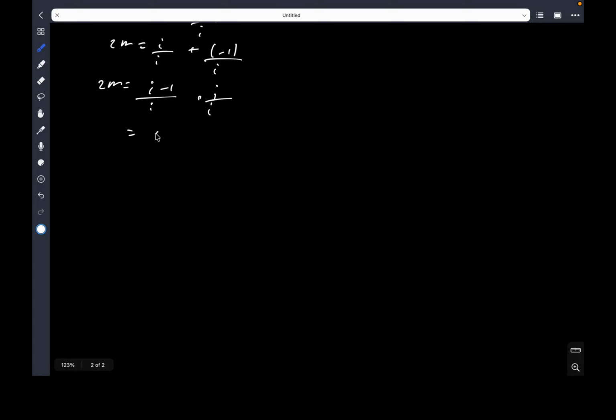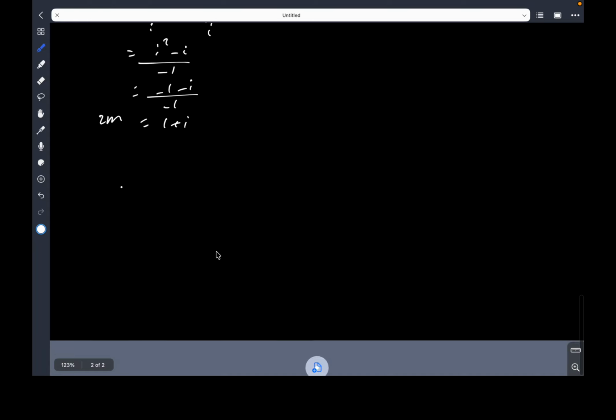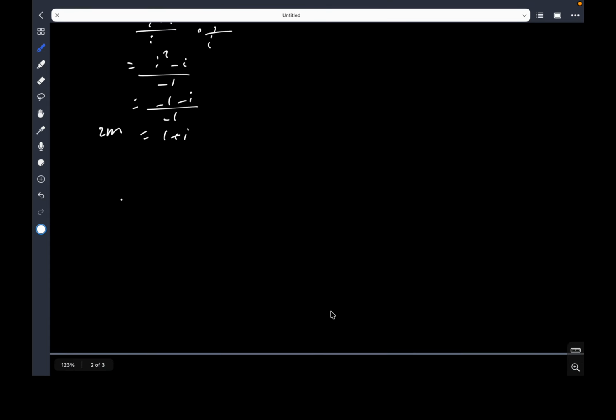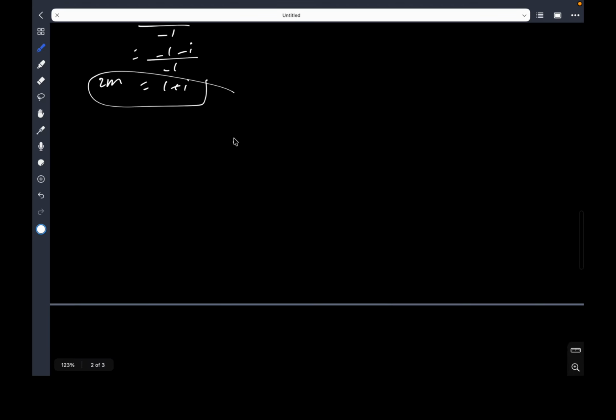And it's going to be i squared minus i over negative 1, which is negative 1 minus i over negative 1, which is 1 plus i. This is my 2m, so let me create more space for my future work. 2m is 1 plus i, and m is half plus i over 2.